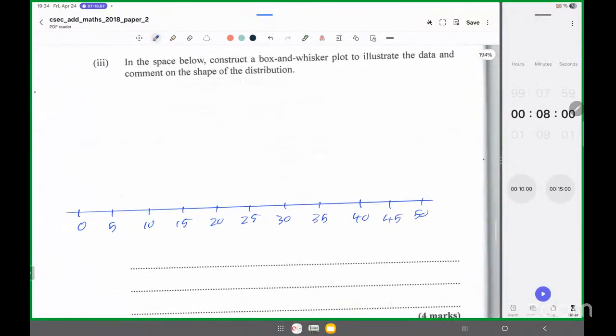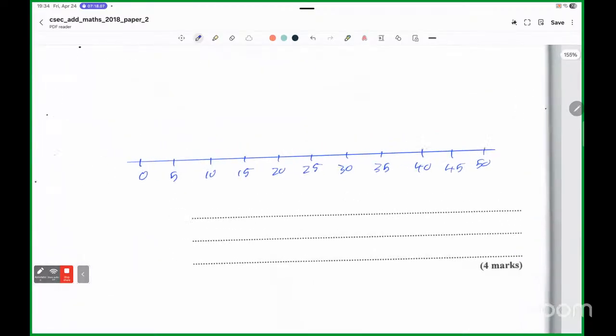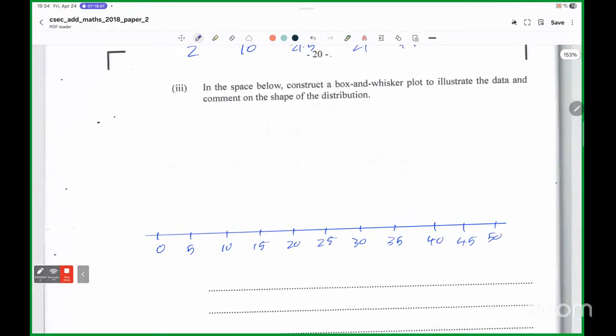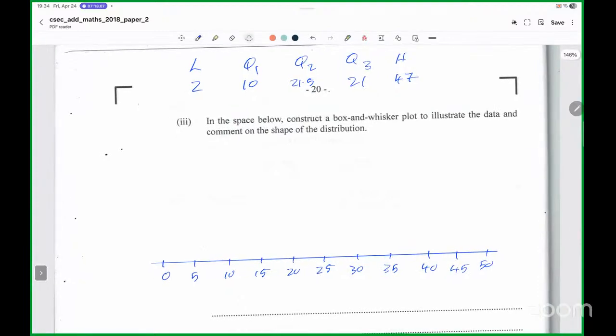That's the scale drawing you're doing. You have to draw something to scale, and then you put all these values on it.